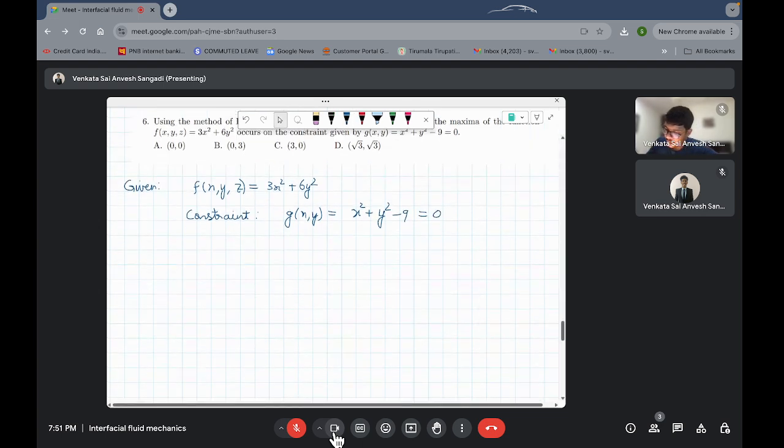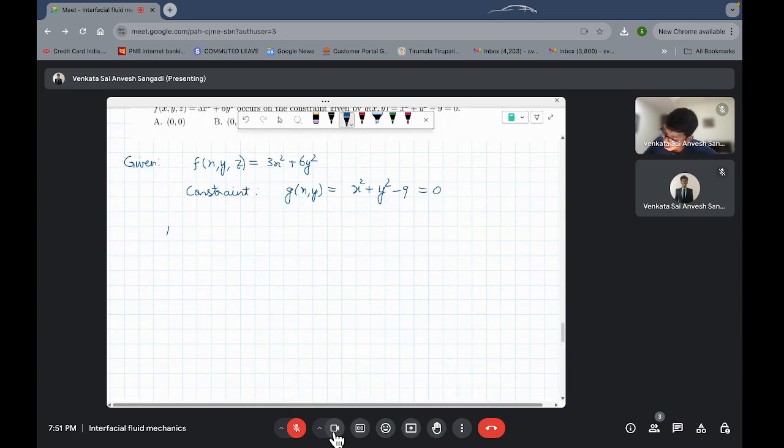We have to define the Lagrange polynomial, which is equal to f of x, y, z plus lambda times g of x, y.